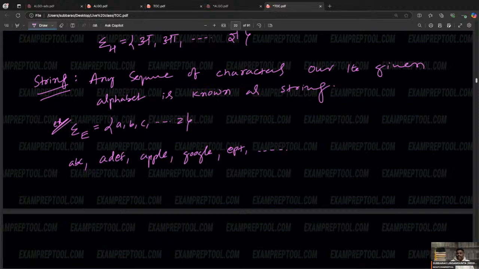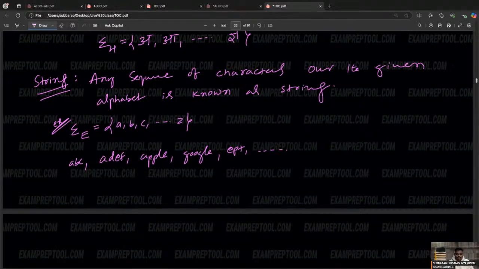Any sequence of characters over the given alphabet is known as a string.